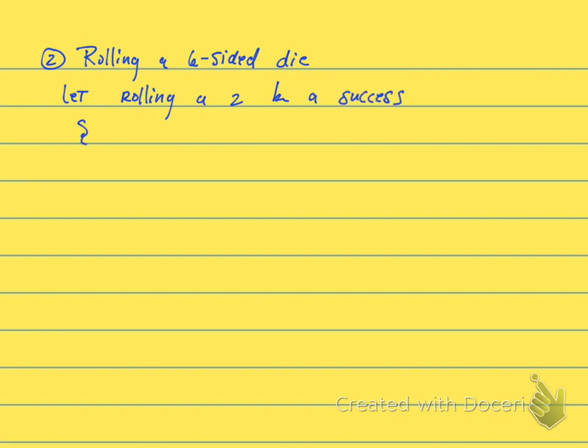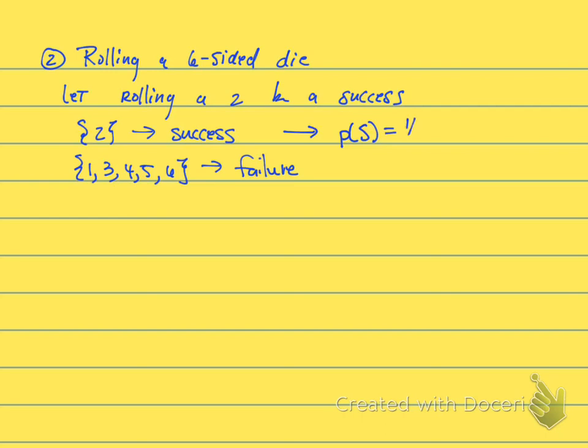A 2 is success, and anything else, that is 1, 3, 4, 5, or 6, constitutes a failure. So there's two outcomes, a 2 or not a 2. As we can tell by our rules of probability, the probability of success is 1/6, and the probability of failure in this case is 5/6.